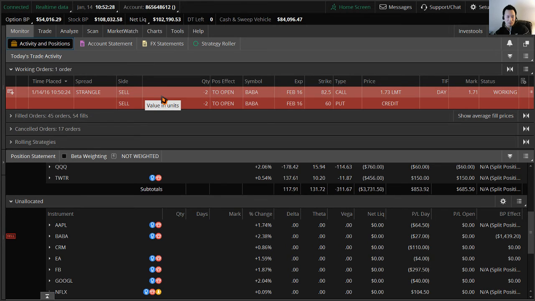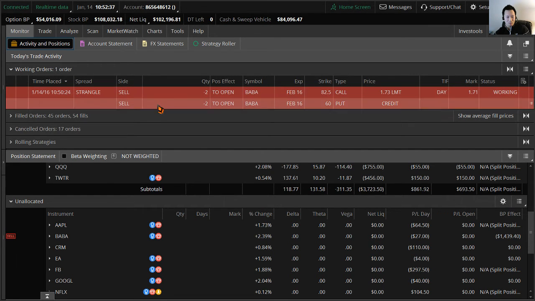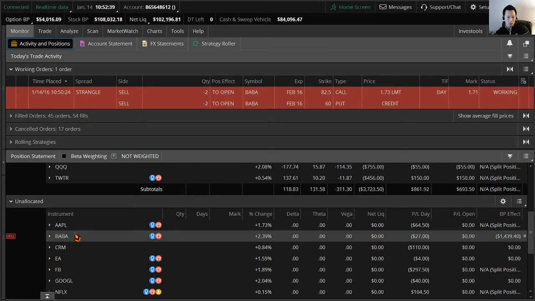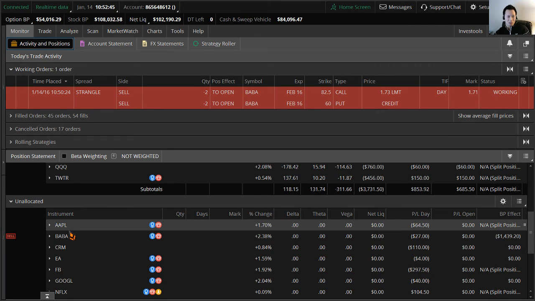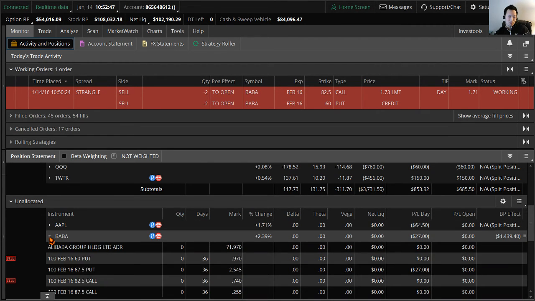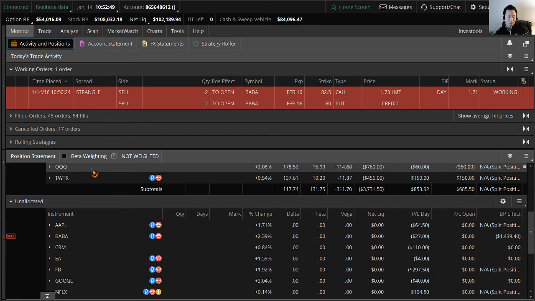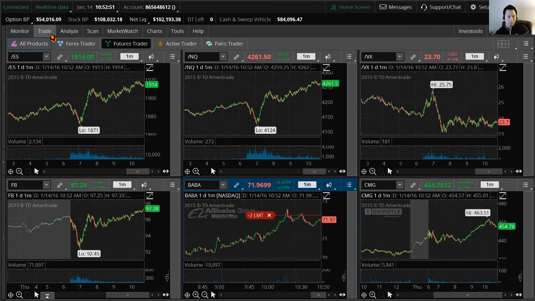As long as BABA doesn't move very big, volatility drops a little, and things are calmer, plus my theta decay, this will be a profitable trade. I expect this to make maybe $100 by the time BABA is near earnings.